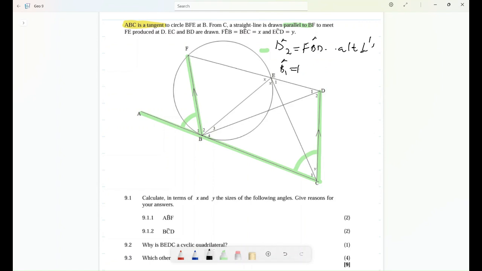You can see this angle again. Then, why are we saying that? Remember the reason for the F shape, what is it? Corresponding angles. You should not forget to include which lines are parallel. Which lines are parallel? BF is parallel to CD. Don't worry, we will write it formally.